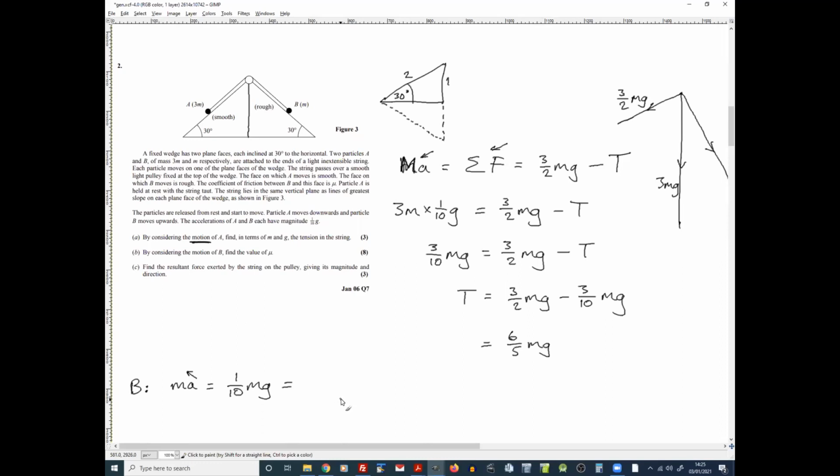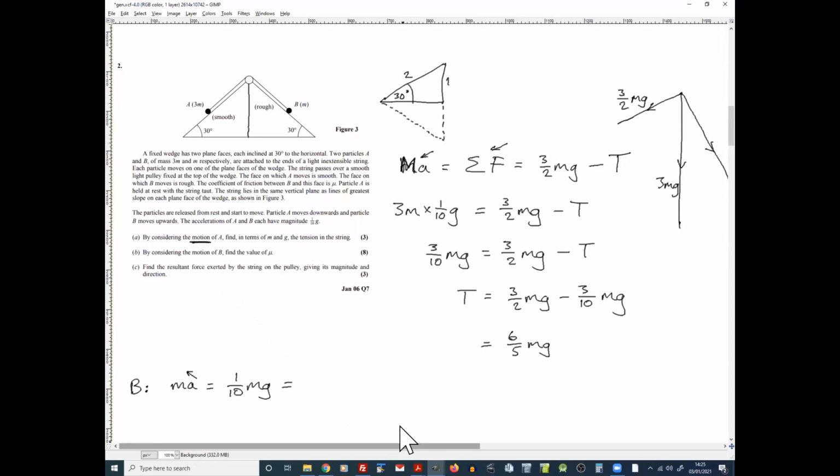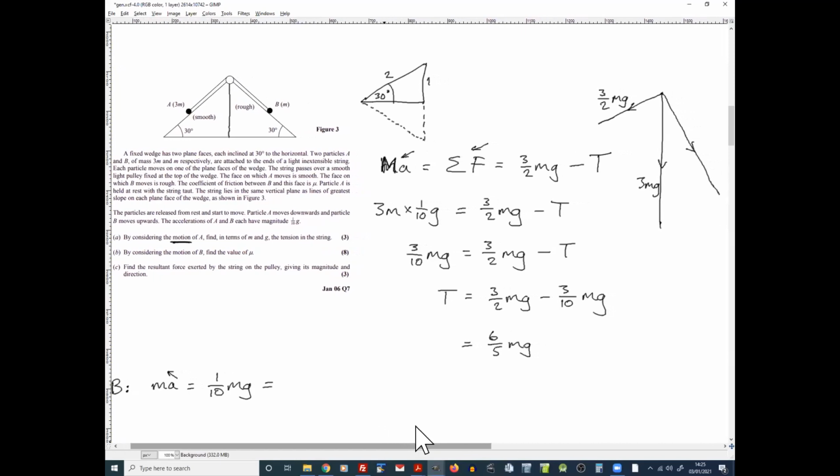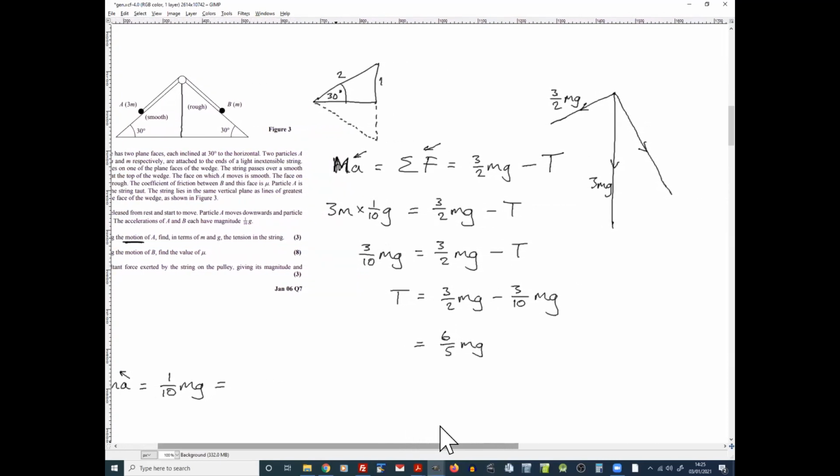Well, there's the weight acting down. All right, but then we have to be careful how much of the weight is acting down. The weight acting in parallel with the side of the triangle would be sine 30.